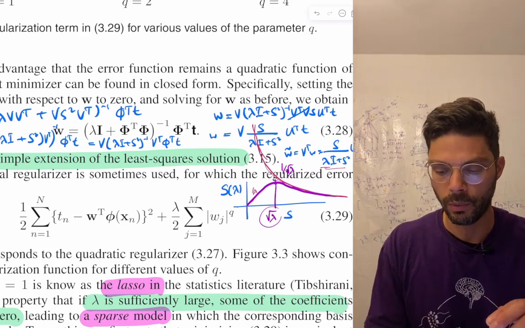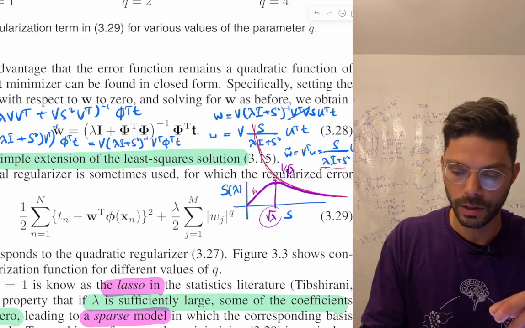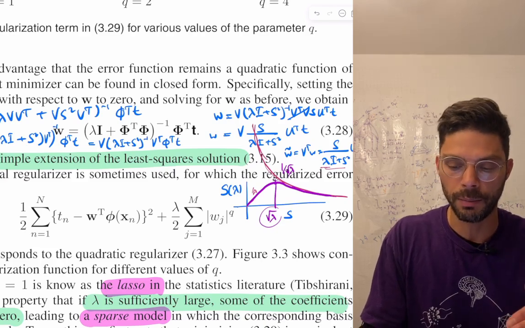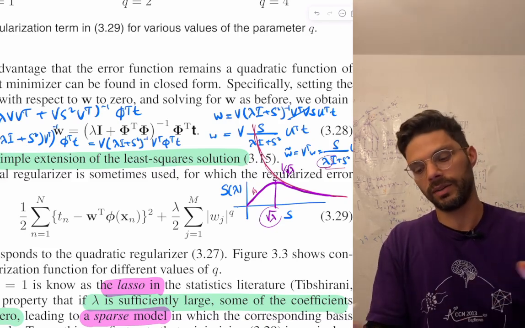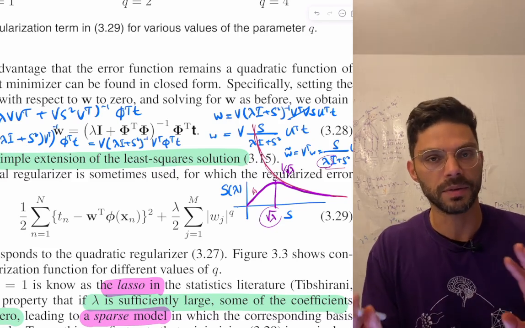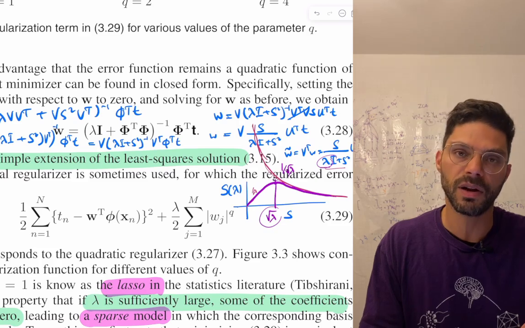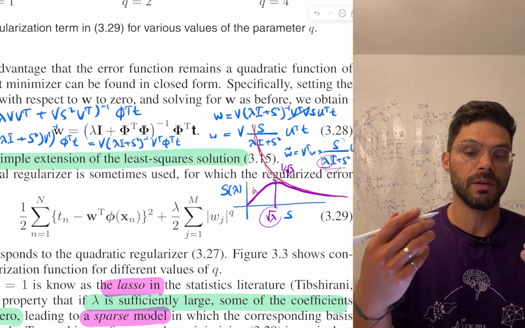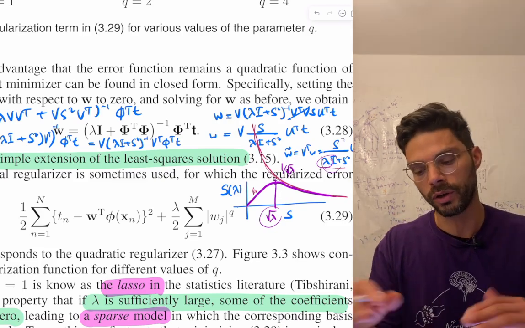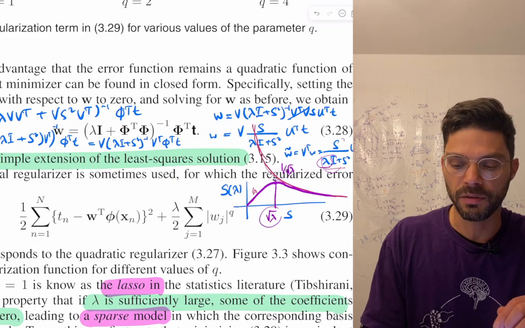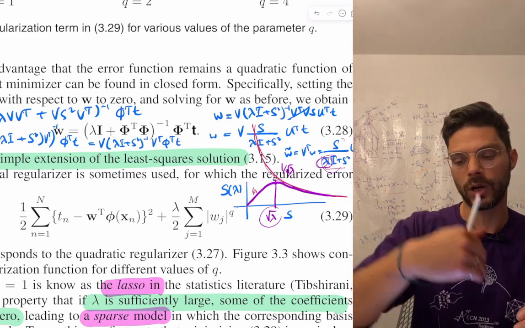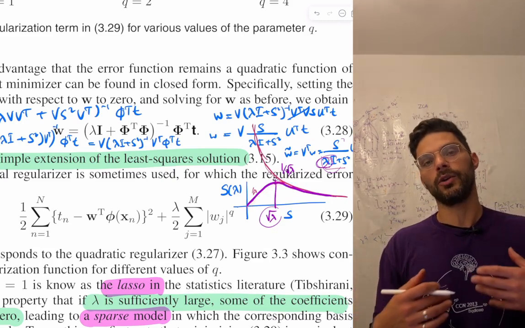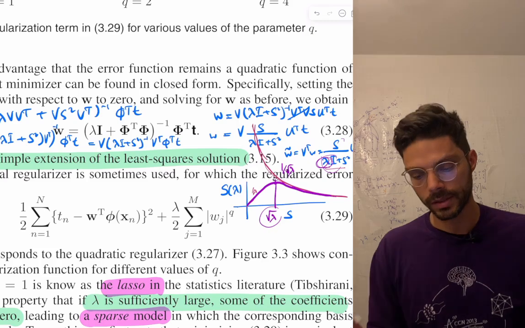So when s is very large, 1 over s squared dominates the lambda, and the net effect is nothing, almost as if lambda is not there. But if s is very small, then normally the weight would end up being very large because the weight is proportional to 1 over s. But because of this regularization term, it gets shrunk back down. So you end up controlling how big your weights get.